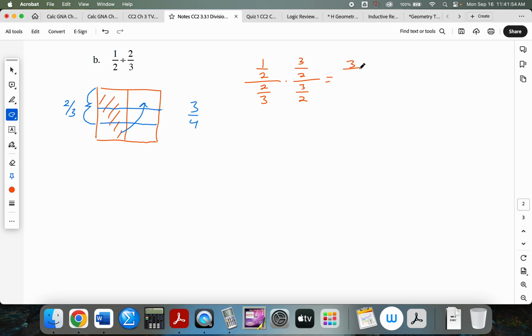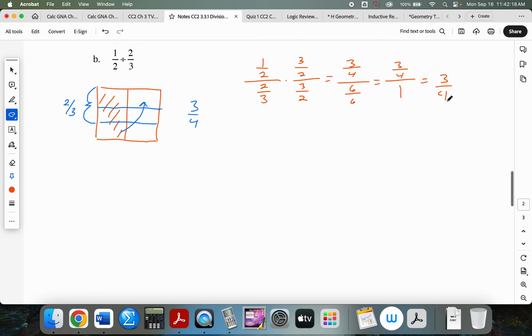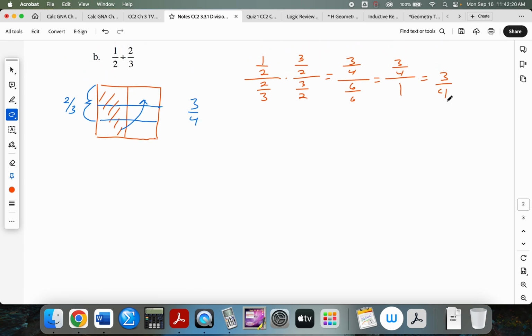When we do that, we get 3/4 over 6/6. And as always happens at that point, we've got 3/4 over 1, which is 3/4. So that's, again, why this works.